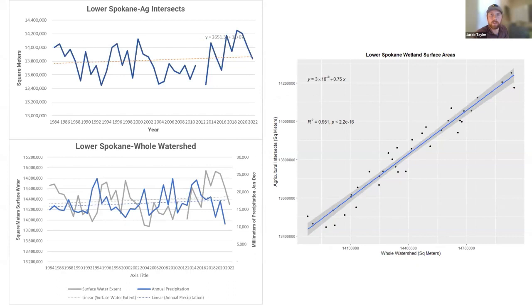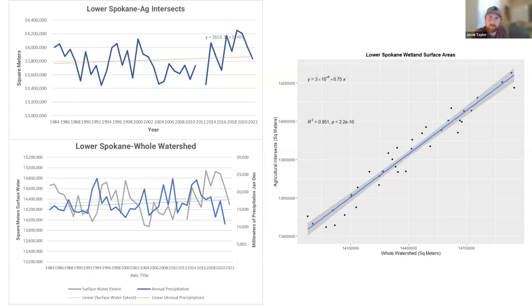And that was the switchover from Landsat 5 to Landsat 8. There was actually a year of missing data before Landsat 8 came online. So we ran into that missing data for every watershed we looked at.